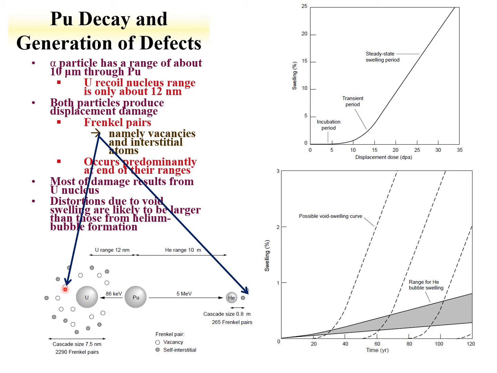Vacancies are just holes where an atom should be, and an interstitial is an atom sitting in a place where it shouldn't be. These pairs are formed and coalesce together, and as we see here, there's a smaller amount of energy and shorter range, but many more Frenkel pairs, about an order of magnitude more, are produced from the uranium recoil.